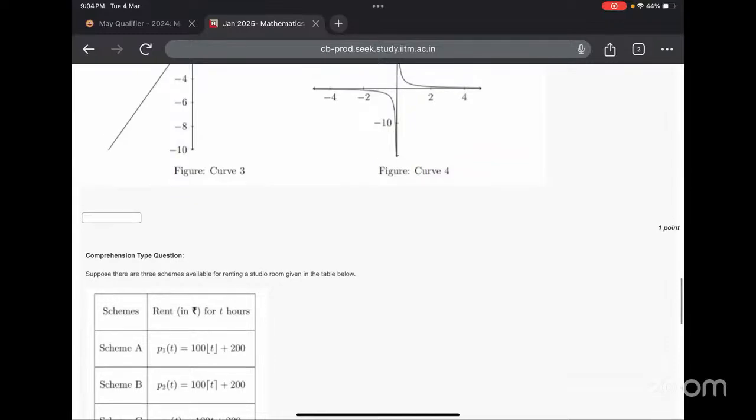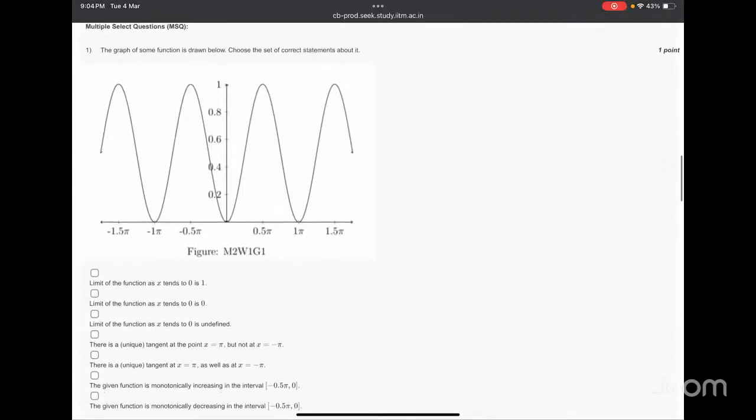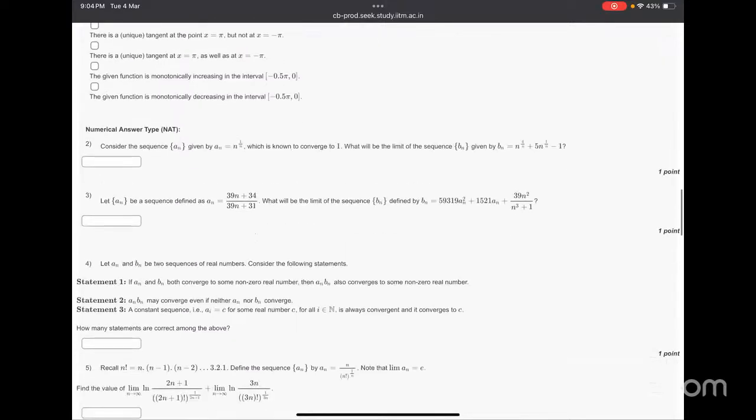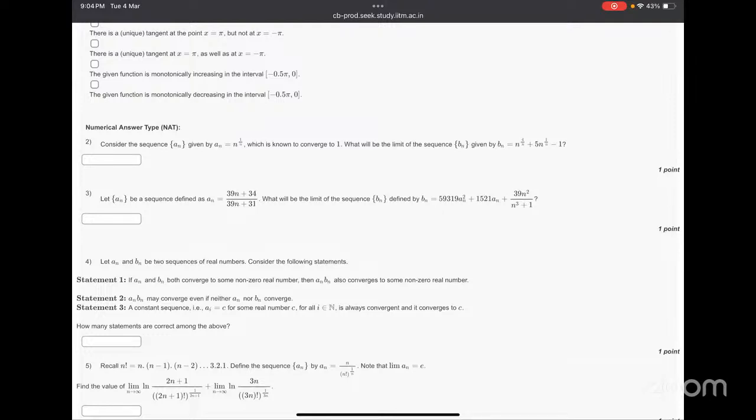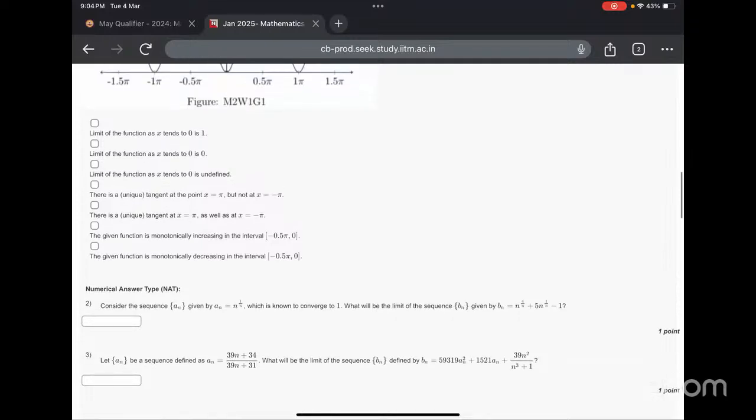I have done this one, madam, but one issue was: given the function is monotonic decreasing, there is a unique tangent. In options 1, 2, 3, 4 and 5 there is a difference. We can work together.